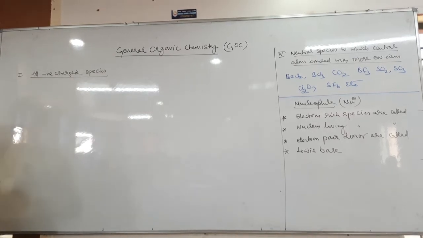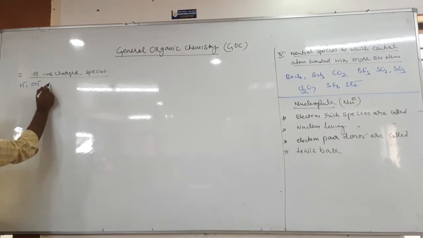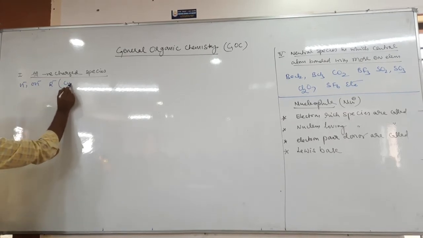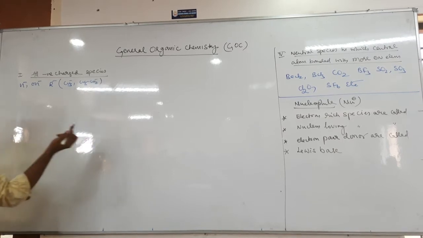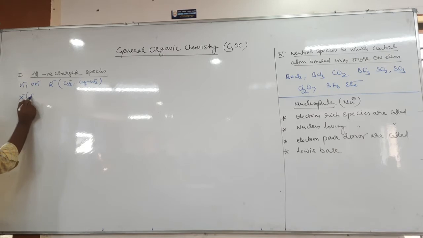For example, you can take H minus, OH minus, like R minus. What are the R minus? Methyl, ethyl, propyl carbanions, comma, X minus. What are X minus? Here you can take F minus. F plus cannot be taken, but F minus can be.